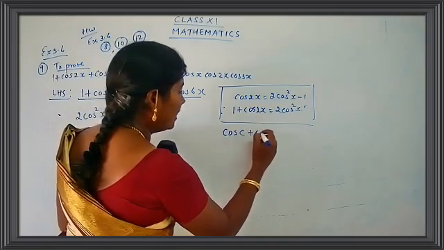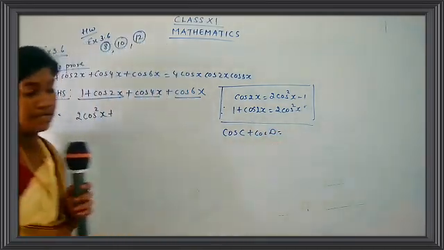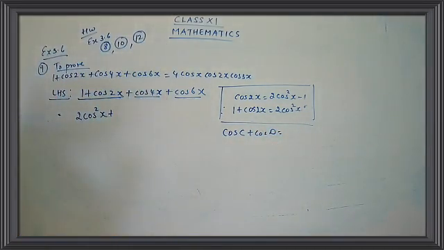Come on, write down the formula for cos c plus cos d. Before you write it down, have a check of your formulas, okay, children? Because if the formula is wrong, everything goes wrong. So just check your answers. If you are not thorough with the formulas, just refer to the formulas and write them down.